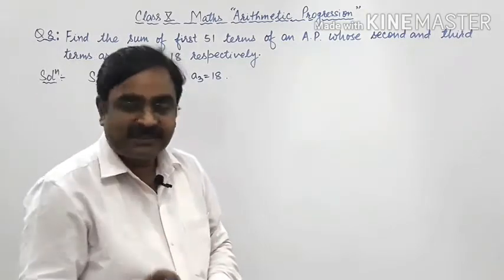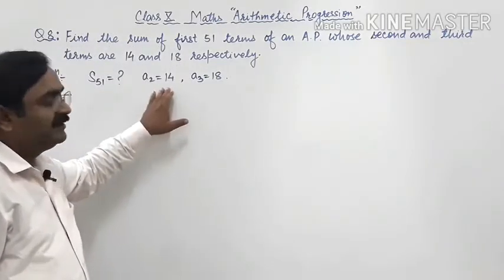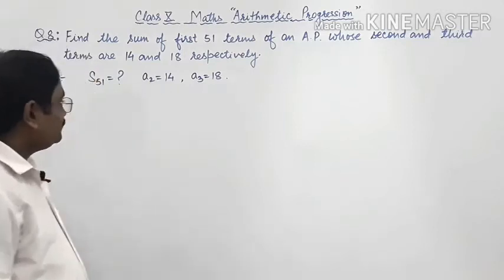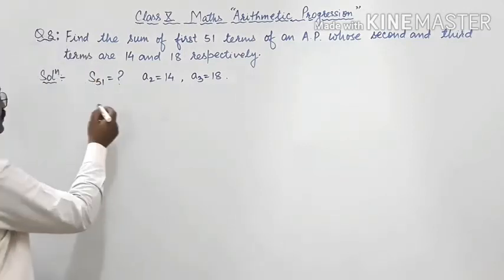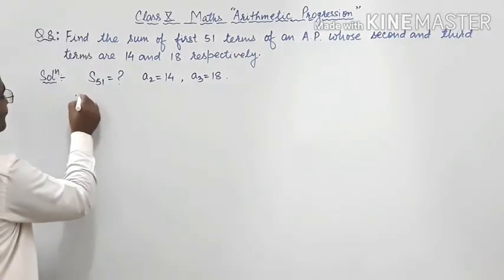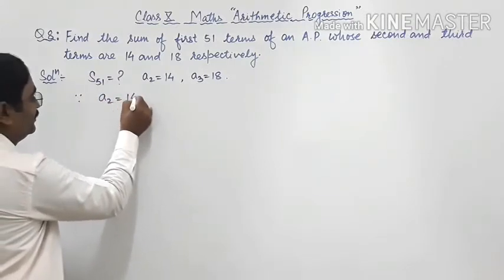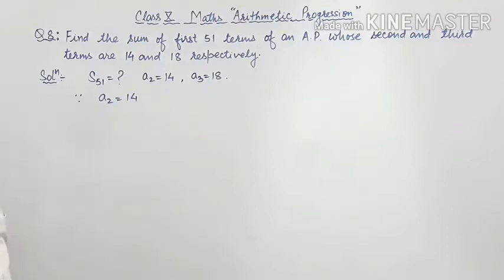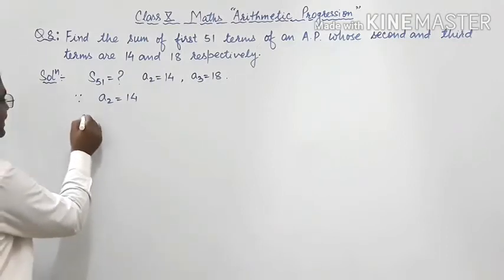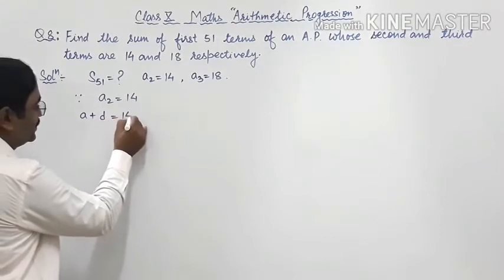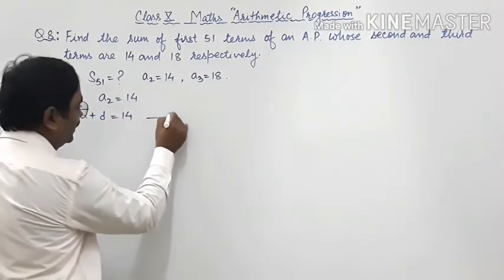As A2 is given 14 and A3 is given 18, let us start with these two. Since A2 is equal to 14, it can be written as A plus D is equal to 14, which is equation number 1.